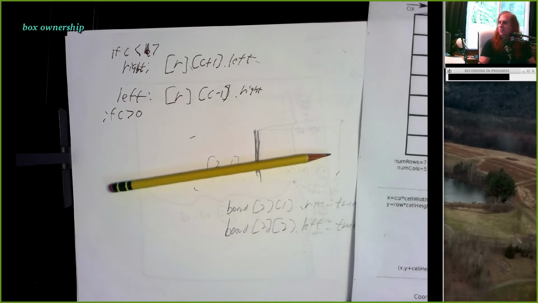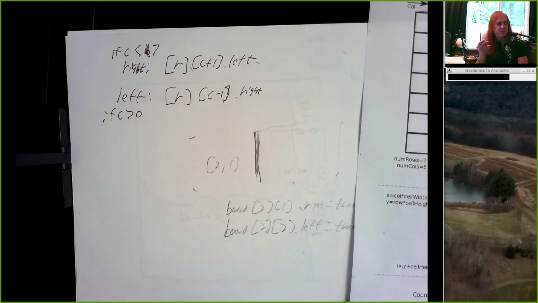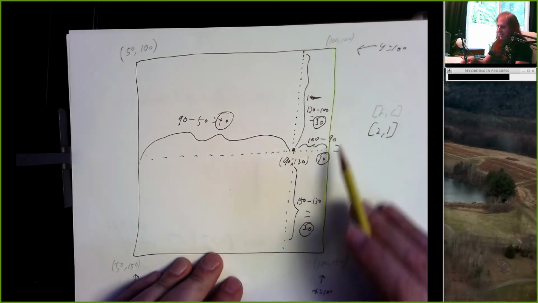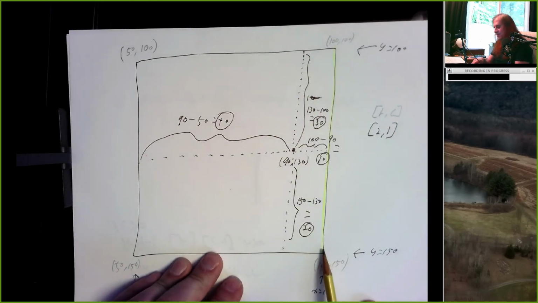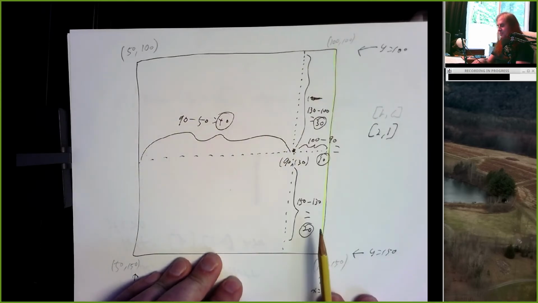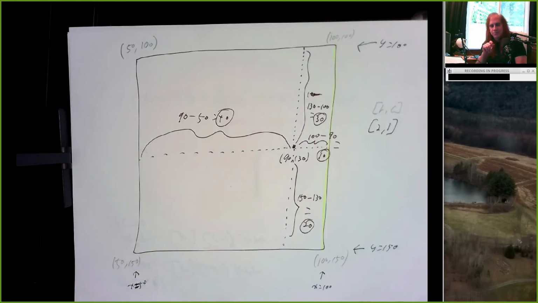Alright, and then there's box ownership. So if somebody makes a click that completes a box, they get to put their initial in that box. So we need to do one more thing in here after we decide which edge they're clicking on, and we decide that that boolean's not already set. We're going to mark it as true. At that point, we need to check all 4 booleans in this box and see if they're true.